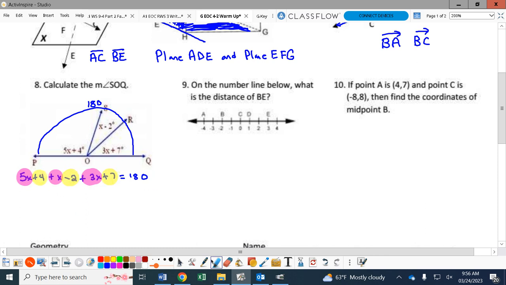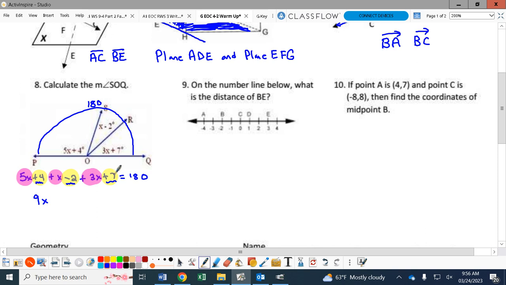So what do we get when we add 5x, x, and 3x? Really, it's 5 plus what? 1 plus 3. What's 5 plus 1 plus 3? 9x. And then we're going to add the 4 and the 2 and the 7, but you got to be careful because that 2 is negative. It's really 4 minus 2 plus 7.